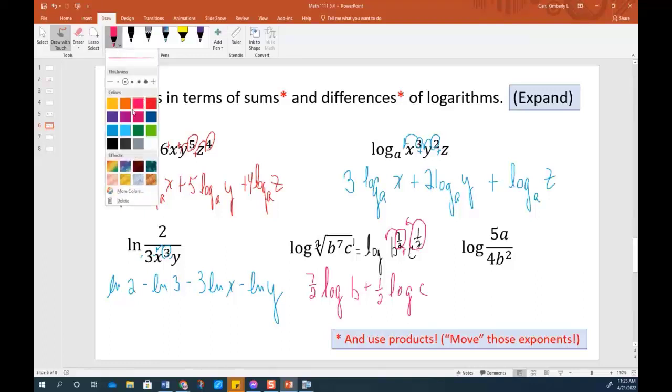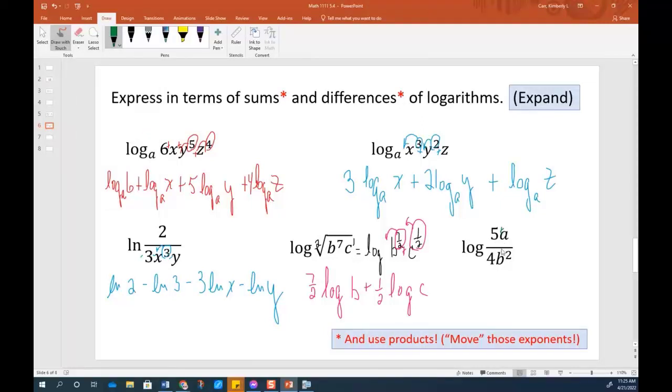And then our last one over here. Again, I've got a division. So anything that's on the numerator is positive or plus, so I'm going to end up with a plus between those logs. Anything in the denominator is all subtracted, so we're going to end up distributing that to both of those, and then the 2 will go to the front of this one.